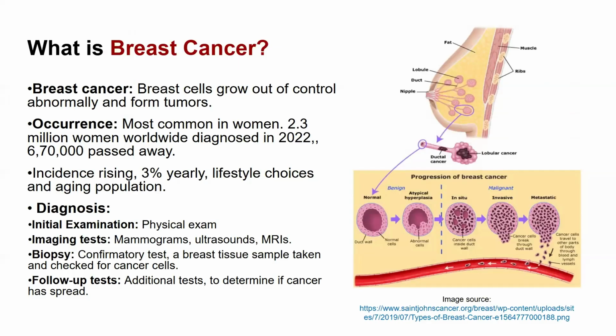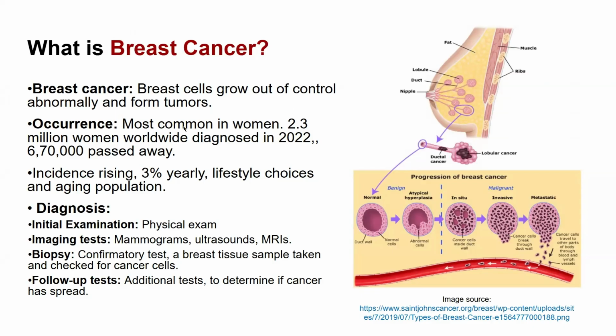So, before going further, let's discuss what exactly is breast cancer. Breast cancer happens when cells in the breast start growing abnormally and uncontrollably, forming a lump or a tumor. These tumors can invade nearby tissues or spread to other parts of the body.